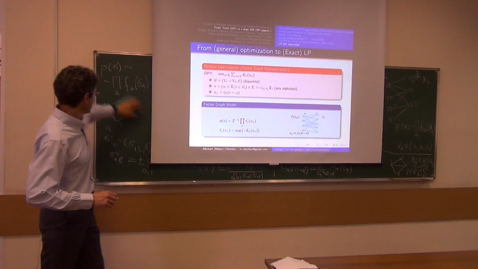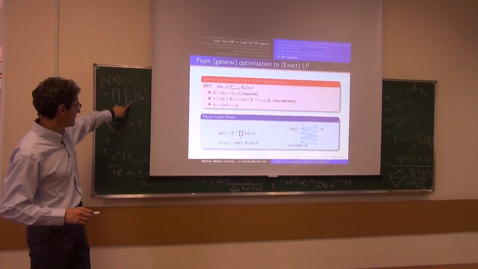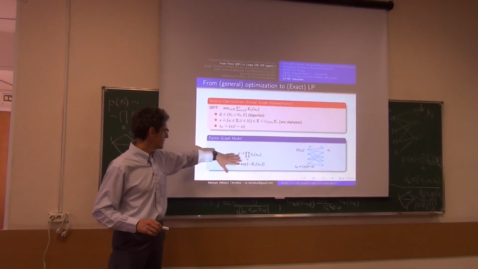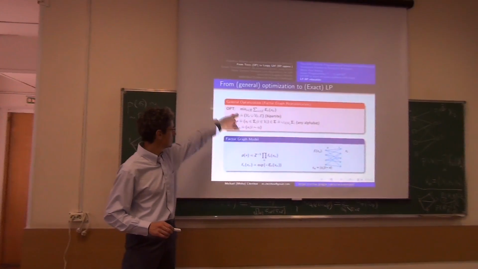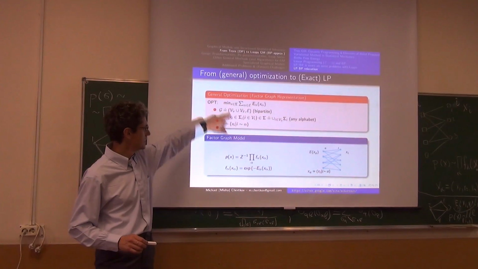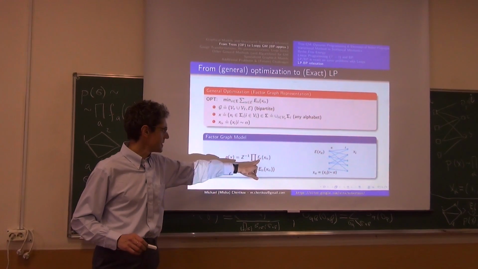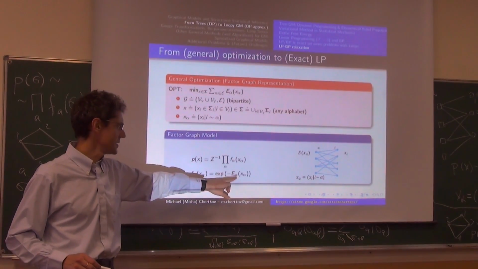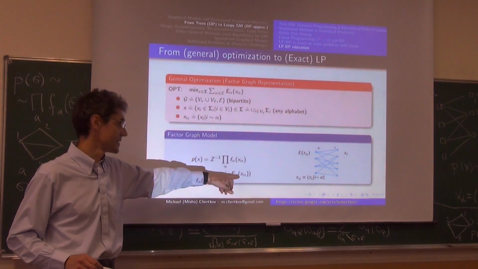So I'm still working in this format, but now I prefer, because I want to discuss maximum likelihood, this optimization problem, instead of maximizing f, I can also express f as exponent minus e, and again, physicists call it energy.